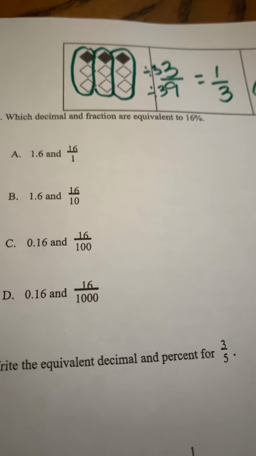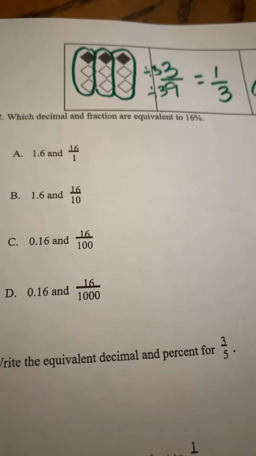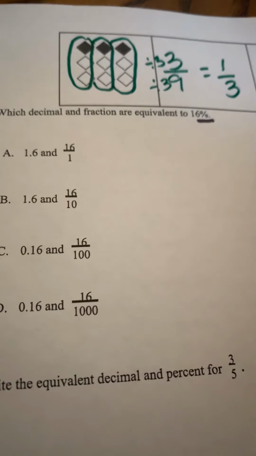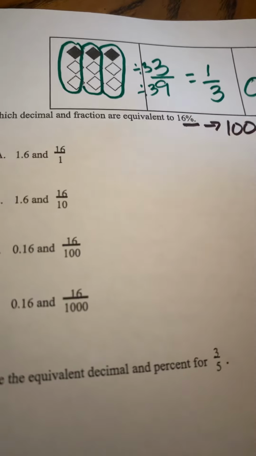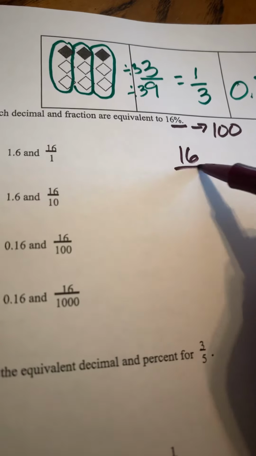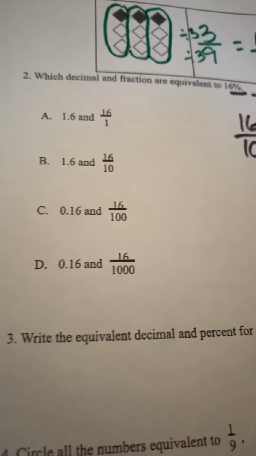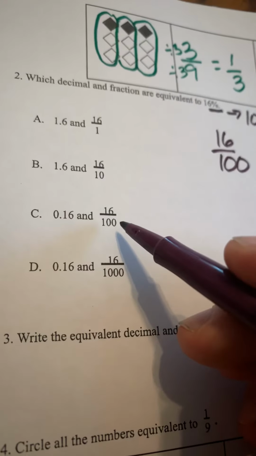Number 2. Which decimal fraction are equivalent to 16%? Now, big key to help me right now is that percent. Because I know we've already said percent just means out of 100. So I can write that as a fraction as 16 over 100. Just by knowing that, I can go ahead and narrow this down.